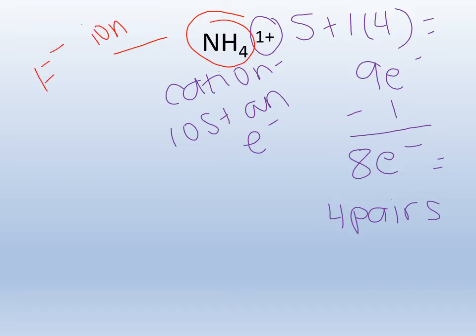That will be an ionic bond. But we're drawing the Lewis structure for NH4. That is a covalent bond. Don't let the charge thing freak you out is what I'm saying. And if you're like, I don't get what you're talking about, don't worry about it. Okay, for the sake of space, I'm going to erase that.